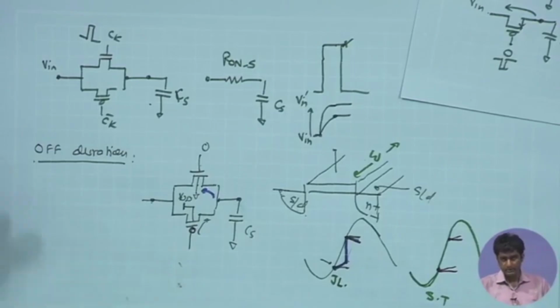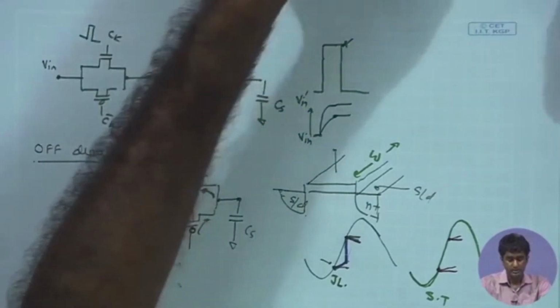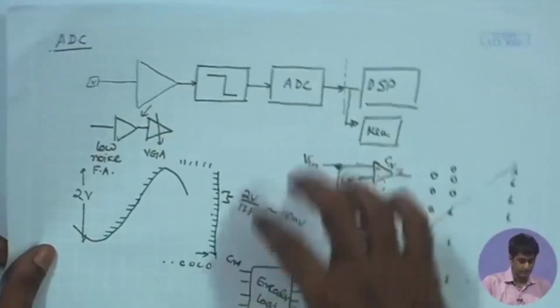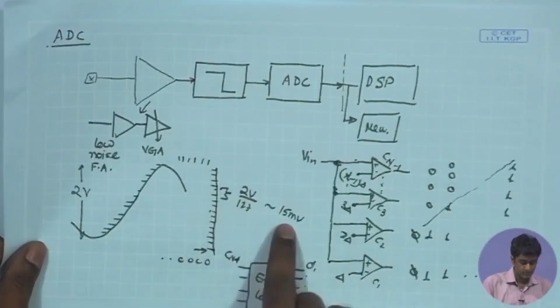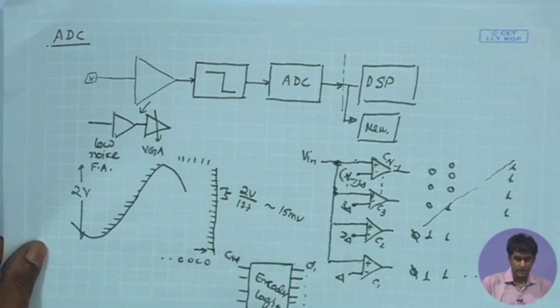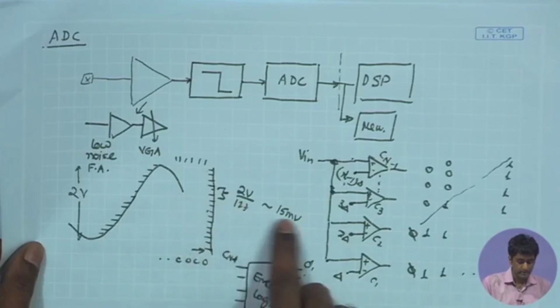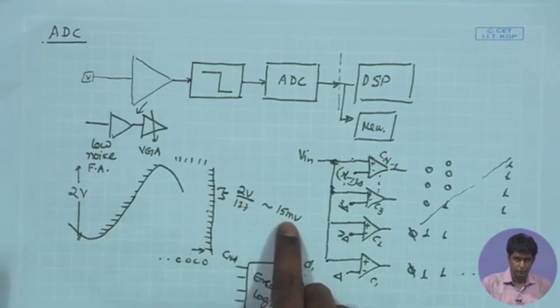So, if I revisit my resolution requirement, if I am dividing my entire signal range, that is around 2 volt peak to peak, into 15 millivolt intervals, I would not like the sample data to deviate by a magnitude closer to 15 millivolt.